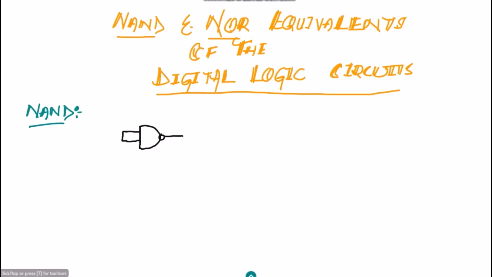If we have a two input NAND gate and at the input we apply A such that the two inputs are shorted together, at the output I will get A complement, and that is basically the equivalent of a gate called the inverter or NOT gate, to which we apply the input and at the output we get the inverting output. Okay, so this is the NOT gate which is made of this NAND gate.